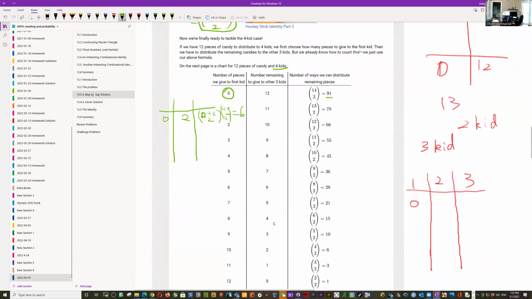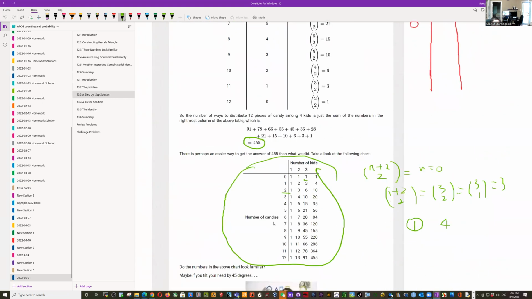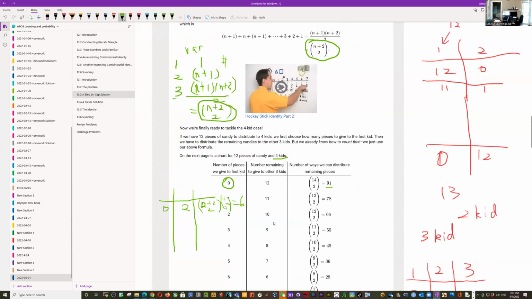So basically, for this 10, we have one case, 6 here.